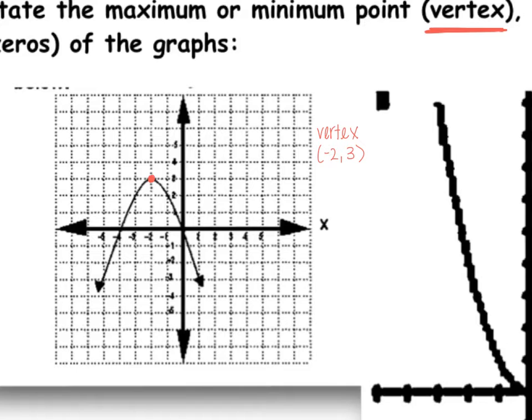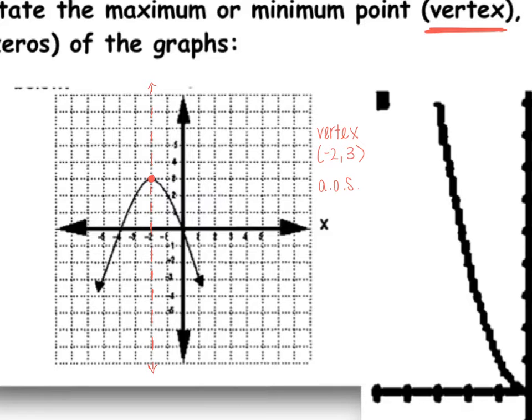Okay, now let's find our axis of symmetry. So we can just shorten that to AOS for axis of symmetry. Now that is going to share the same x value as our vertex. And the reason why is that our vertex is in the very center of our parabola, and so is our axis of symmetry. It cuts it right in half.